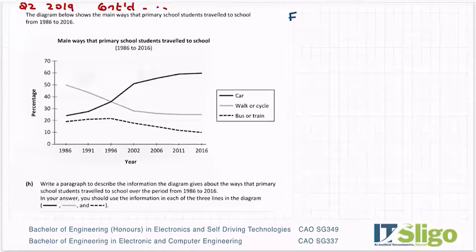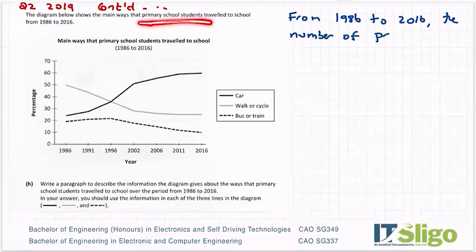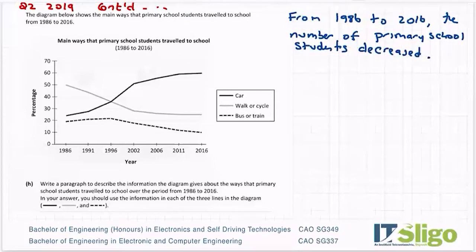So let's say something from 1986 to 2016, the number of primary school students, so I always try and use as much of their words as I can, primary school students decreased. Okay, and then I'm going to have a look at the axes and see how much did they decrease by. So they were 50%, and that's what, about 25% decreased.